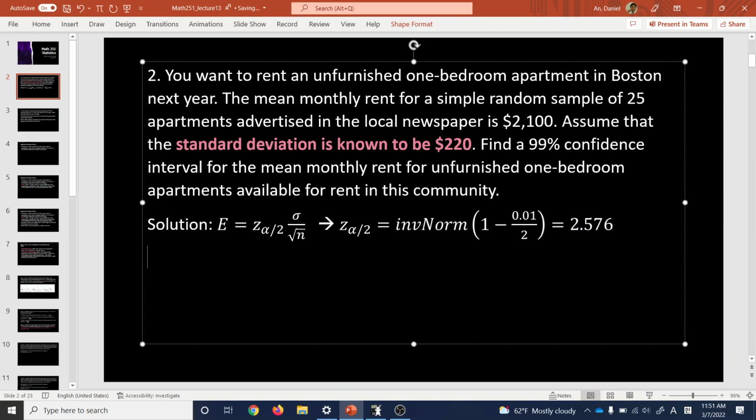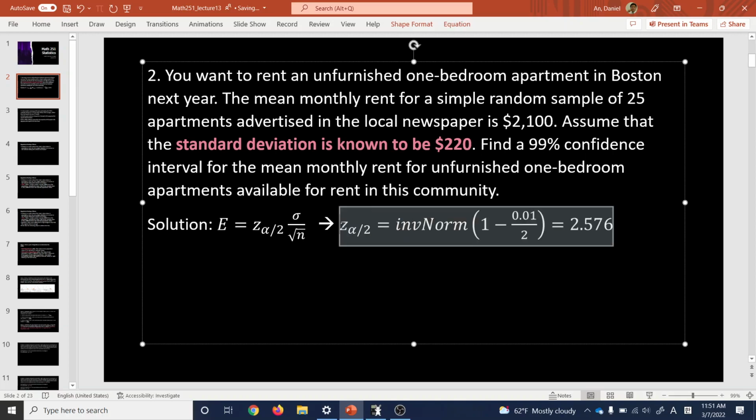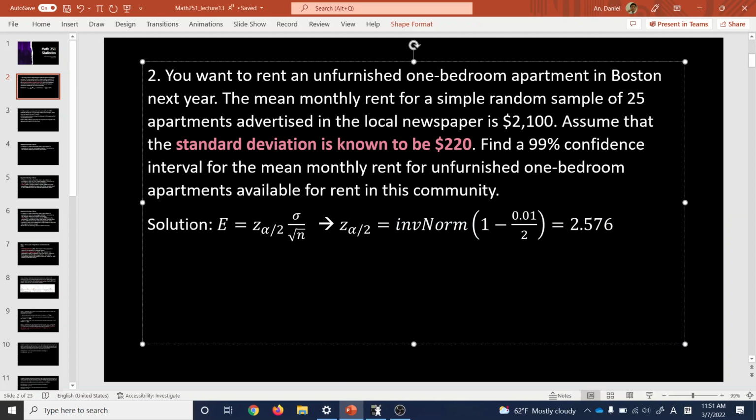Now we have the margin of error as 2.576 times sigma, which is 220, divided by the square root of the sample size, which is 25.